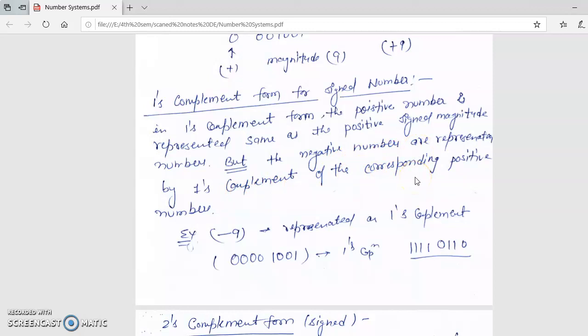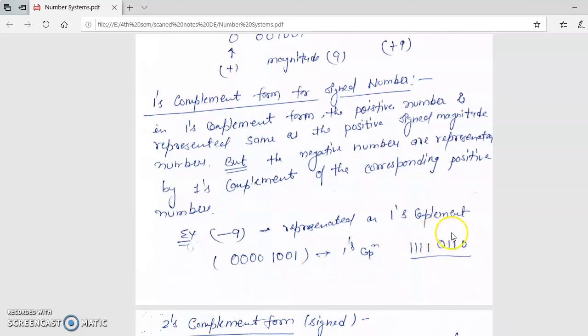Means if it is a positive number, it is represented just as we saw for the normal binary number, sign with magnitude, that is sign magnitude representation. But if it is a negative number, then the ones complement of the corresponding positive number is taken. Let's look at an example: -9, a negative number, is represented as ones complement. This is 0 0 0 0 1 0 0 1, that is 9, and its ones complement is 1 1 1 1 0 1 1 0.